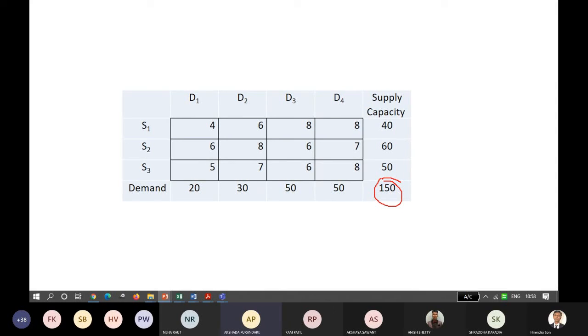When supply and demand are not matching, tell me, if demand is less than the supply, will you include a dummy row or a dummy column?